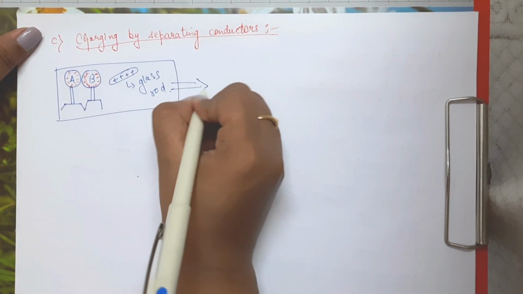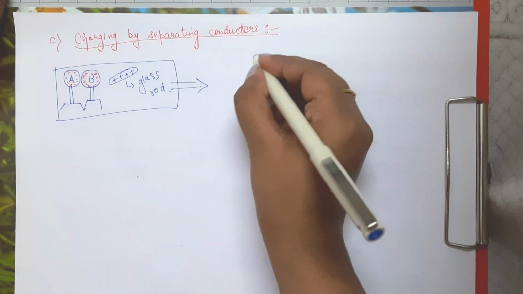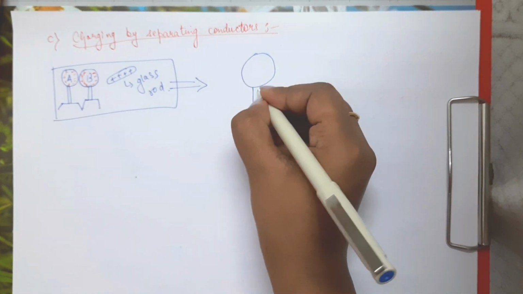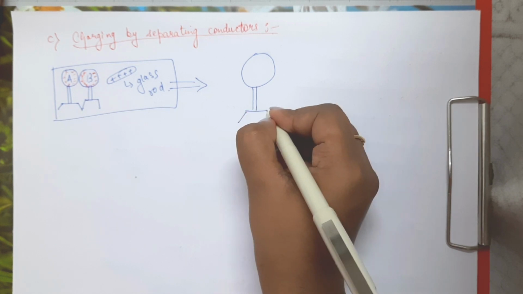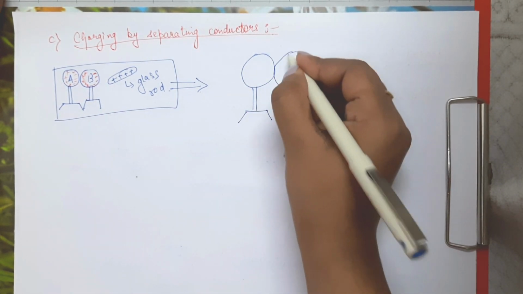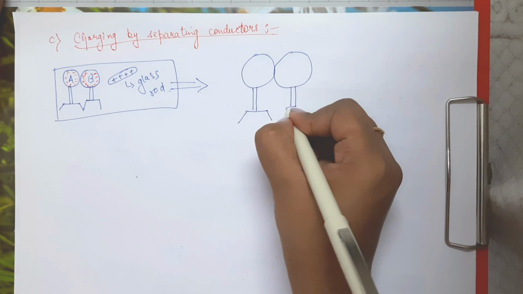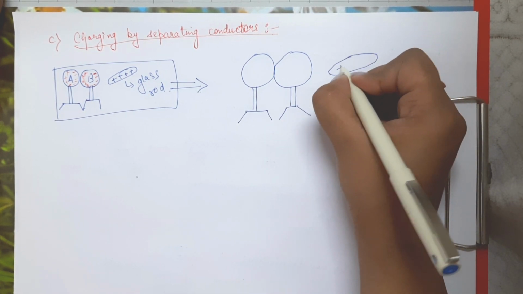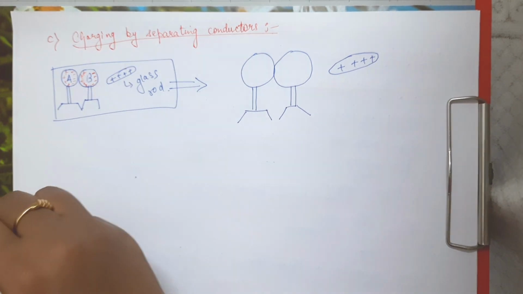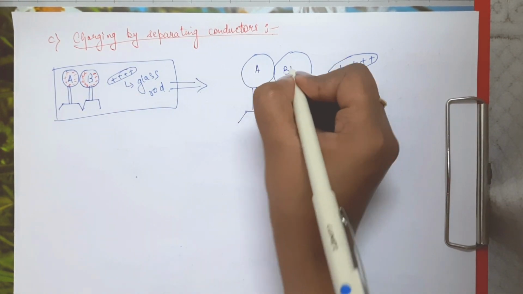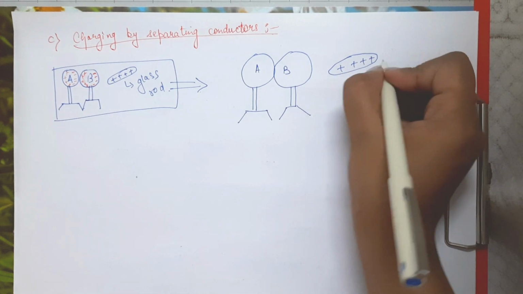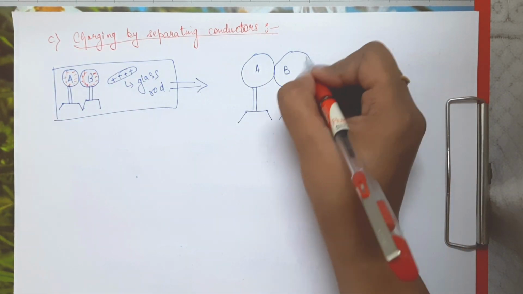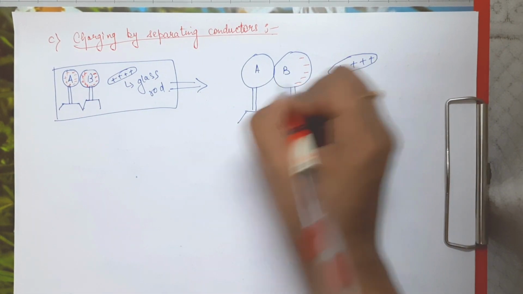I'm going to draw it in a magnified way here. So suppose this is A and this is B. We are having a glass rod which is positively charged. Because this is positively charged, it will attract the negative charges towards itself.